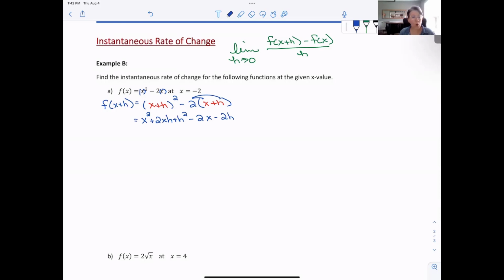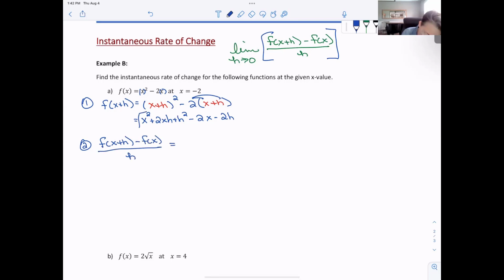And now we can put all of that into our difference quotient, and we can simplify that. Even before we write down the limit, we want to figure out just what this piece is going to look like up here. So we're going to do f of x plus h minus f of x all over h. This part right here is our f of x plus h, so let's put that in first.